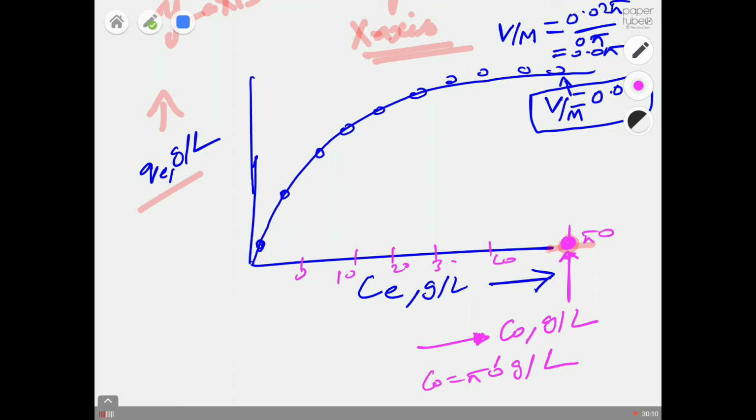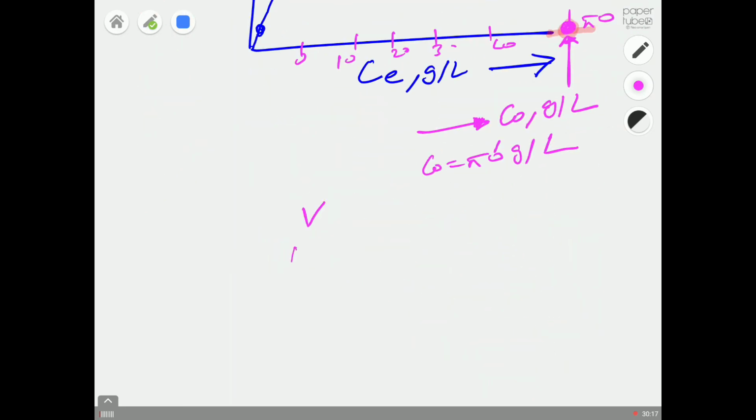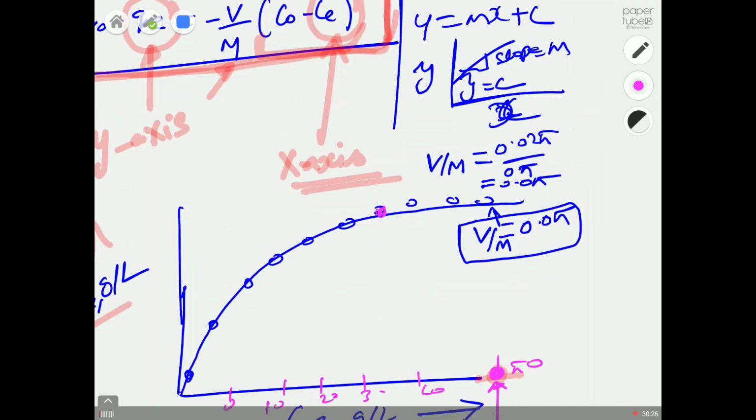And if you perform an experiment with some particular volume and some particular mass, and then if you get a CE value, say it is somewhere around here. So this point is your CE value that you obtain from this experiment.